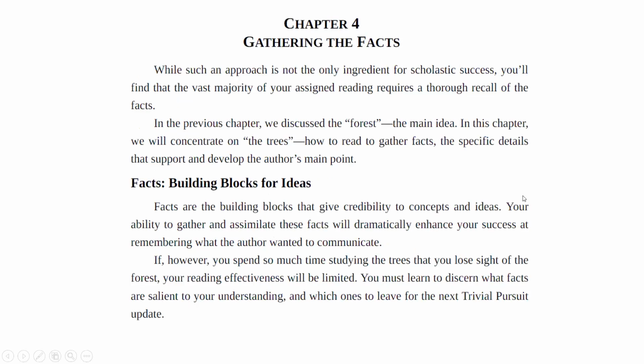And now we'll get into gathering the facts. While such an approach is not the only ingredient for scholastic success or success in your college, you'll find that the vast majority of your assigned reading requires a thorough recall of the facts, which means you must completely remember the facts. The reading comprehension must be at a high level.